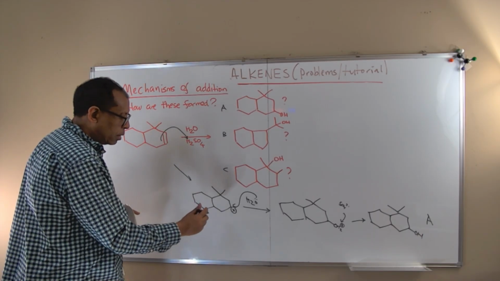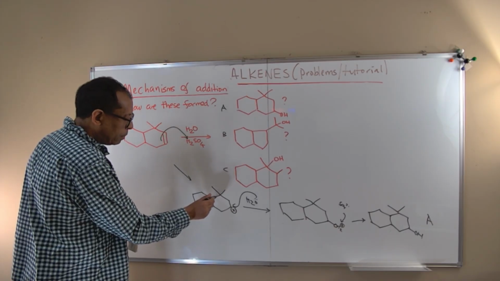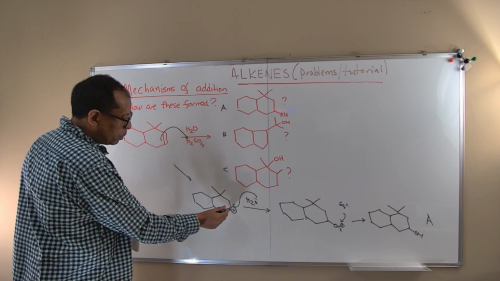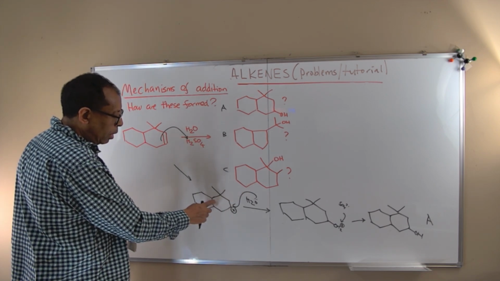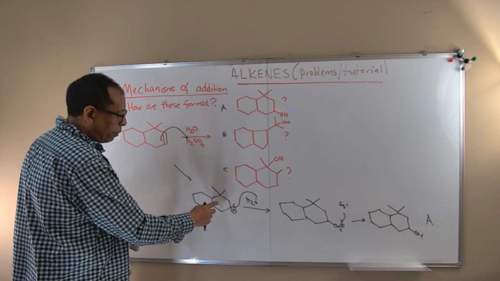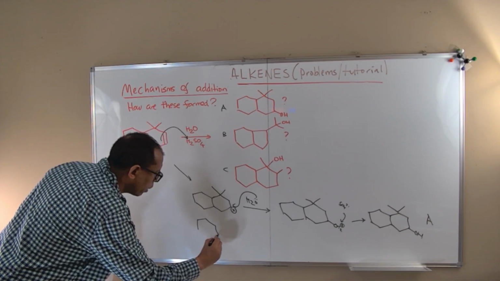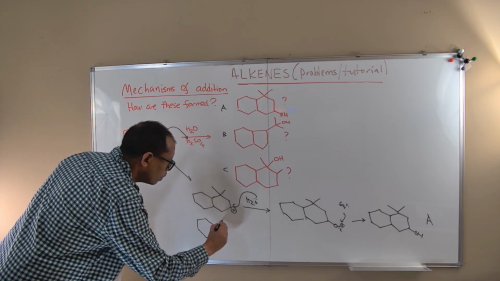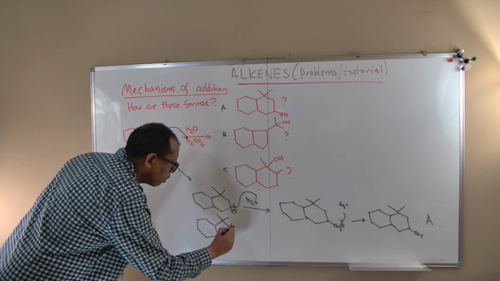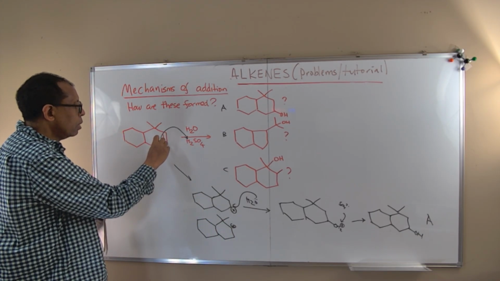So from this, this is a secondary one. If the alkyl shift happens here, the carbocation can form here or here.